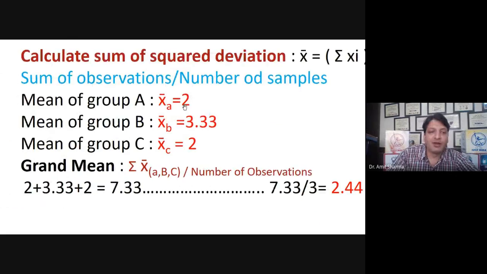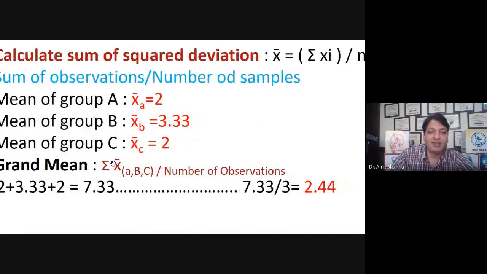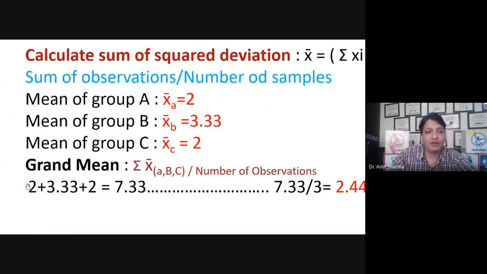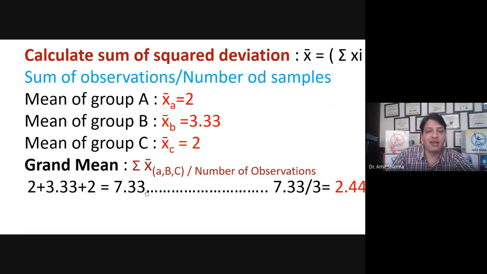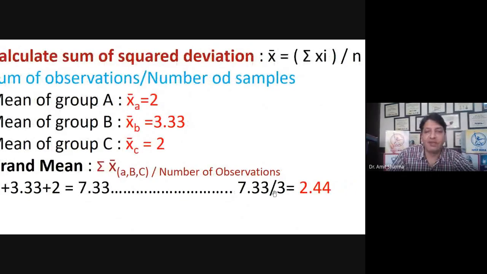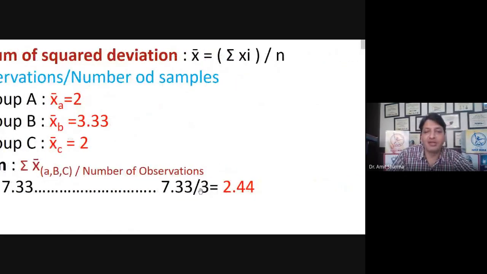So the grand mean we have to calculate, and the formula for the grand mean is the sum of all the 3 group means divided by the number of, it's not observations, it's groups. Clear? So the mean of all the groups is 2 plus 3.33 plus 2, equal to the total value we have got. The sum is 7.33 and we are going to divide it by the total number of groups, that is 3.